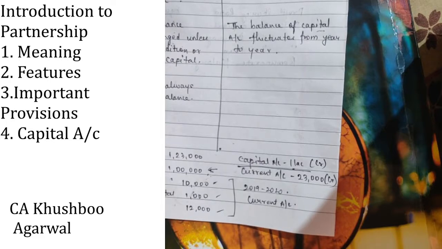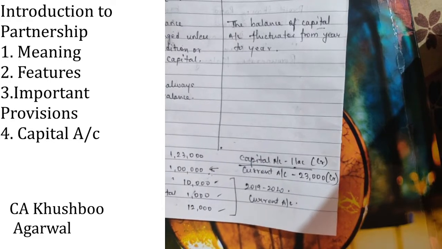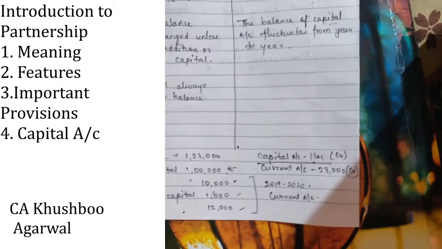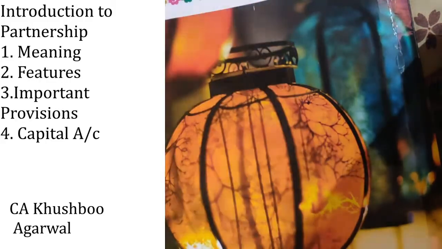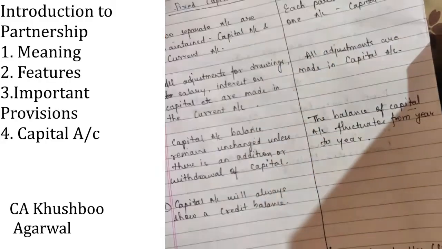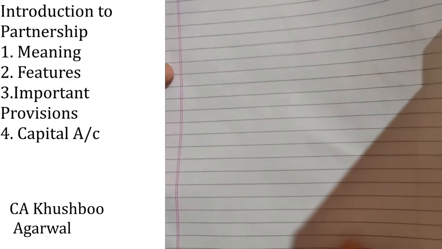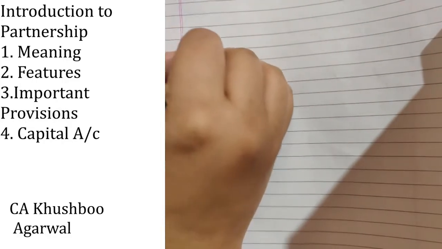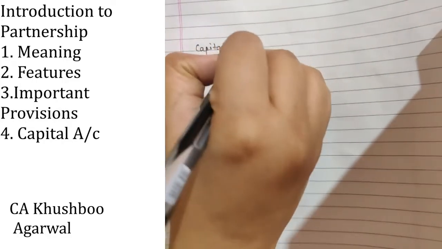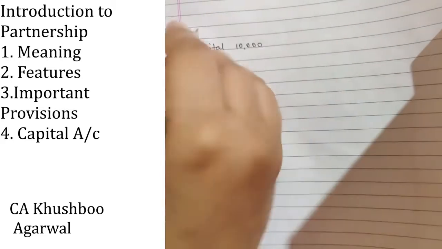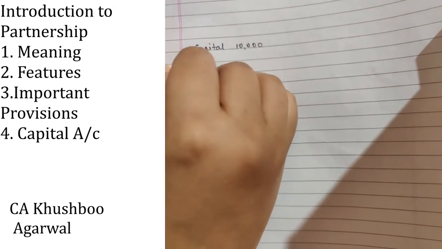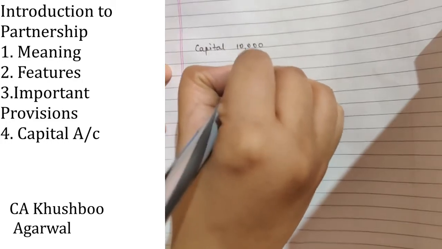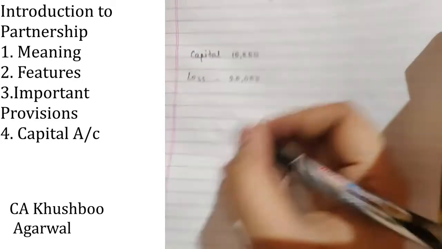So the balance will always be a credit balance. But in case of fluctuating account, say the capital contribution is 10,000 rupees. The firm had incurred a loss in the current year of 20,000 rupees.